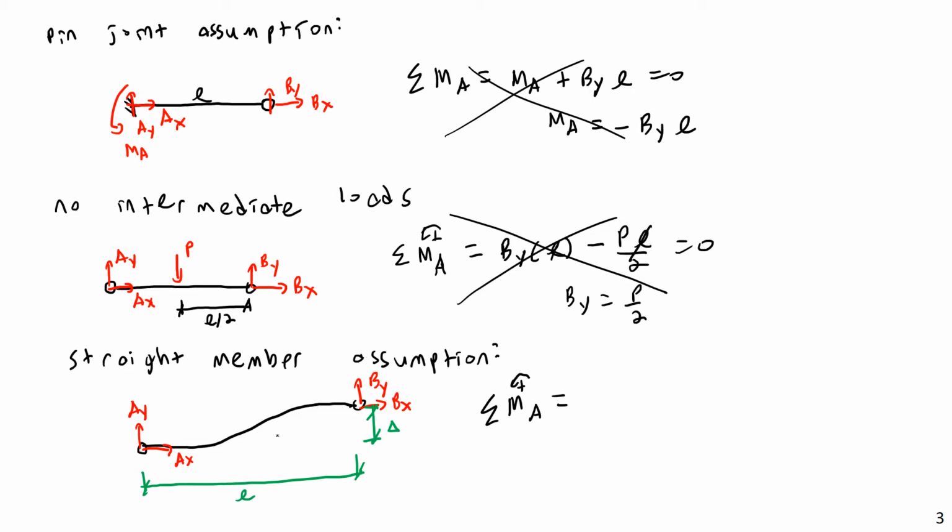The AX and AY will still not generate any moment. However, now both the BX and the BY will generate moments. So I'm going to have negative BX. BX now will have a moment arm, this delta. So negative BX times delta plus BY times L equals 0.